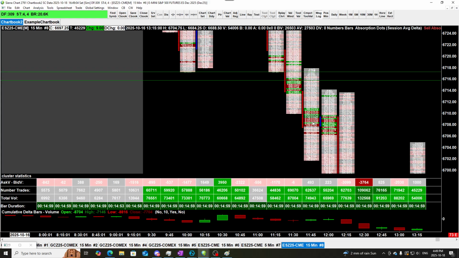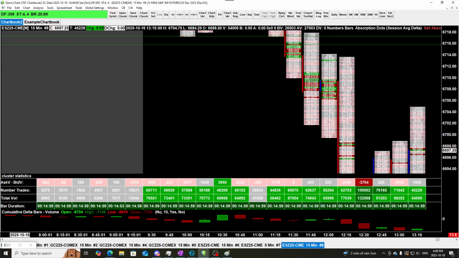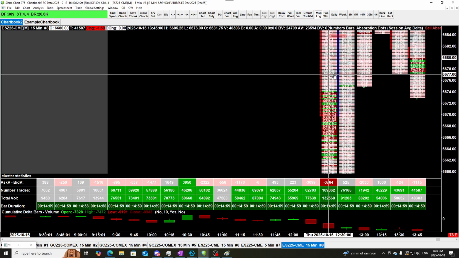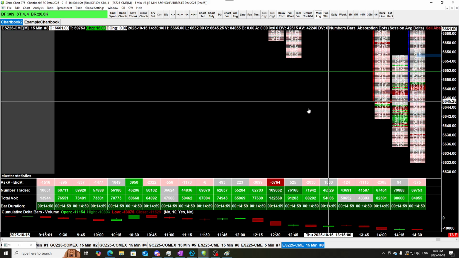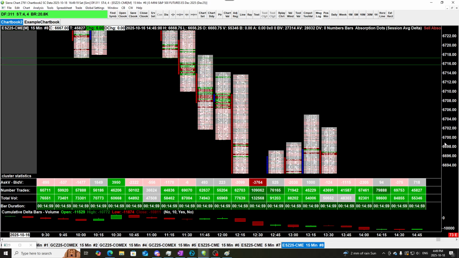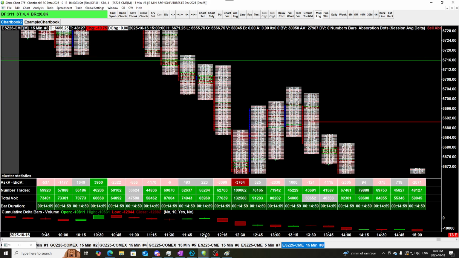See, we are taking the high volume area along with it. Okay, and it went down to the previous day low. Okay, so this was the main play for this day.